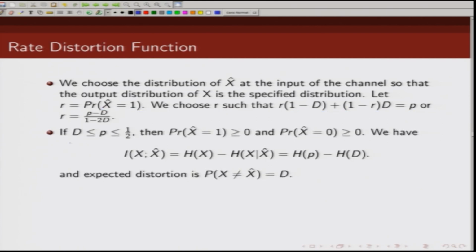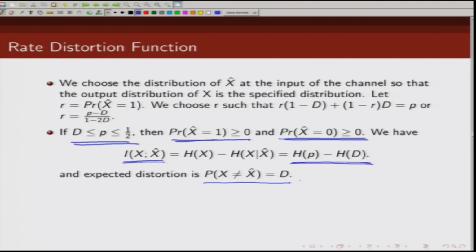Now, if d lies between p and half, then probability of x hat being 1 is greater than or equal to 0 and probability of x hat being 0 is greater than or equal to 0. Then in this case, what we will see is the mutual information between x and x hat is equal to h of p minus h of d, where the expected distortion is given by d.